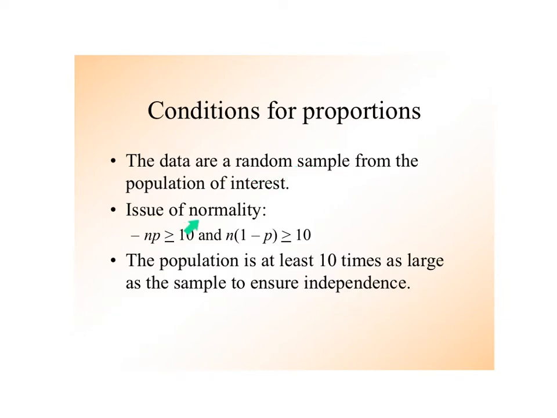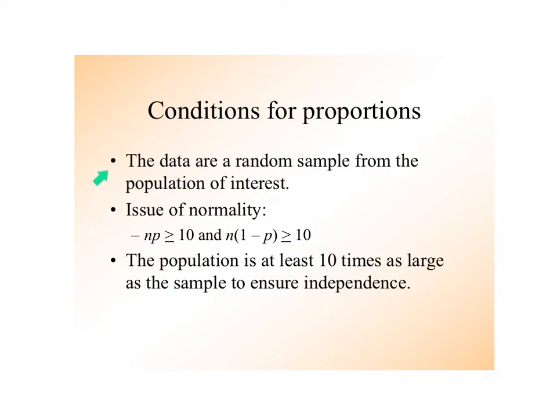Check for normality. This is kind of like the central limit theorem. But we're checking to see if it's greater than or equal to 10. This is called the success-failure condition. And then this is the 10% condition, where you say it's safe to infer that there are at least 10 times the sample size to ensure independence.